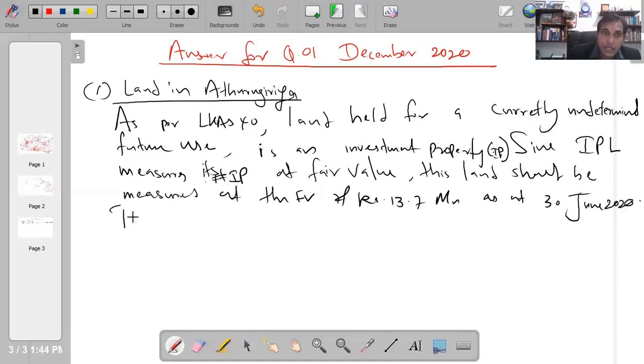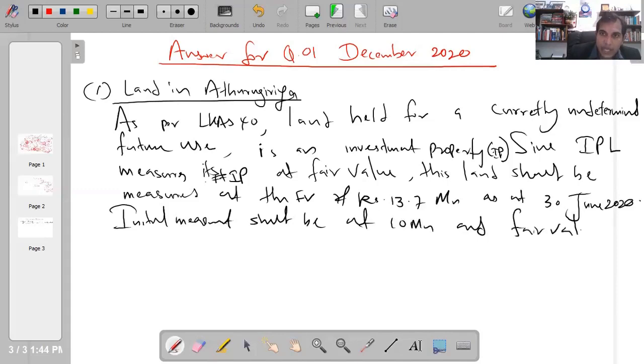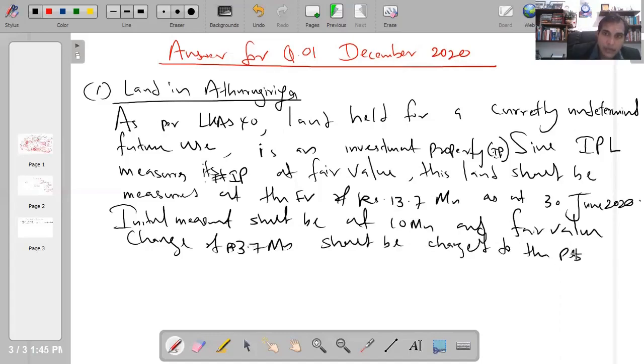Right? Initial measurement should be at 10 million, and the fair value change of 3.7 million should be charged to the P&L.